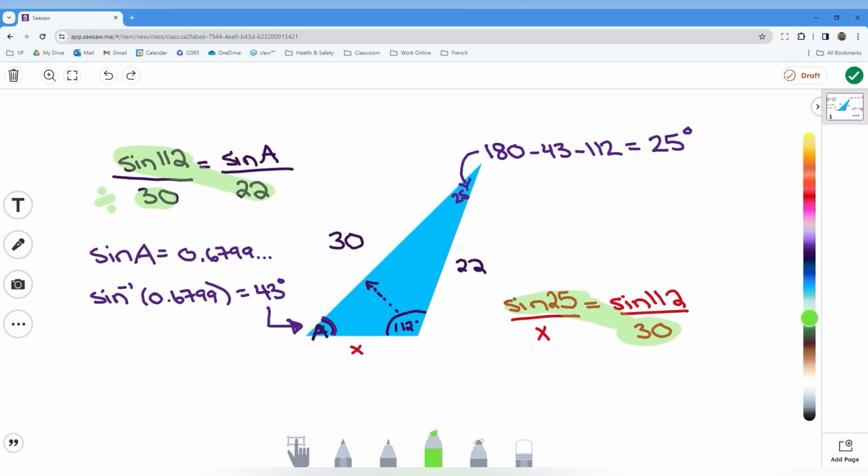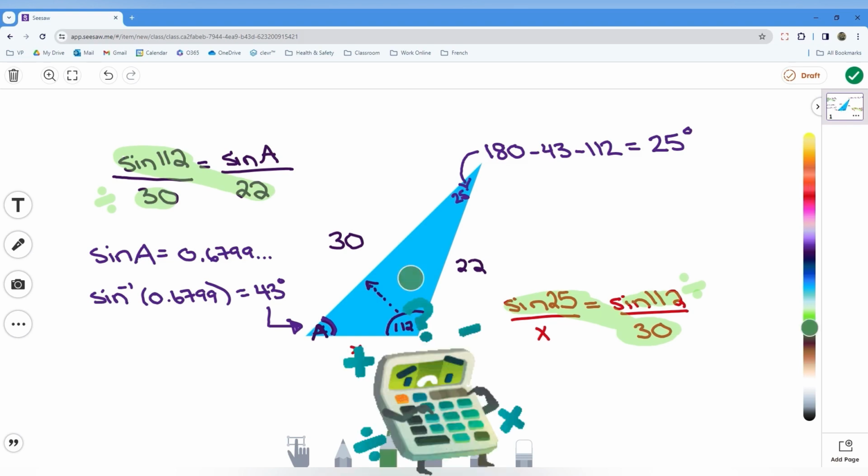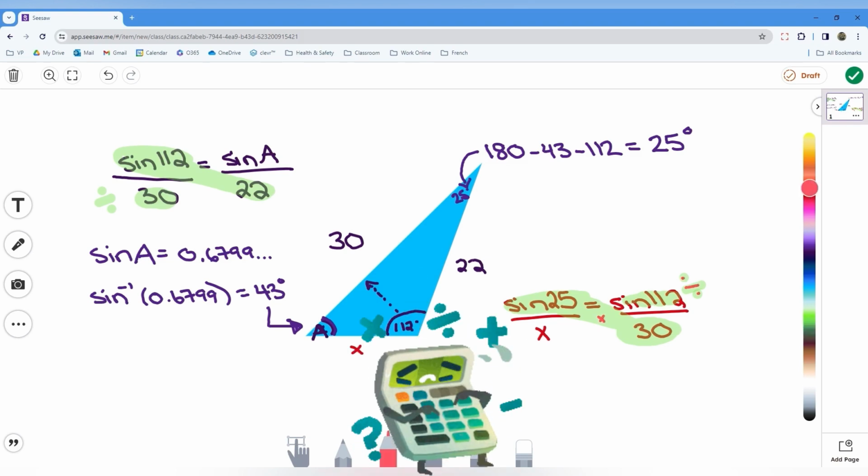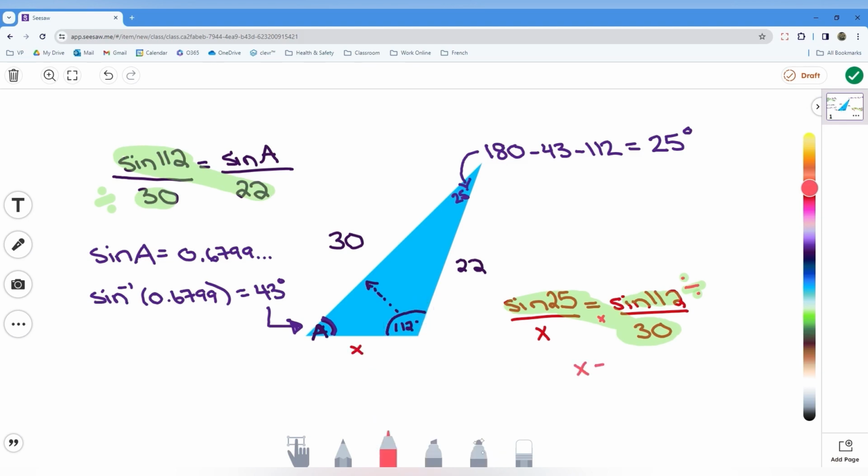Once I've multiplied those, I will then divide by the leftover. So go ahead and take a moment to multiply those two and then divide by the sine of 112. What does x equal? Sine of 25 times 30 divided by the sine of 112.